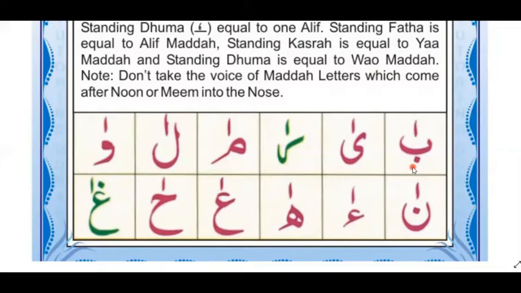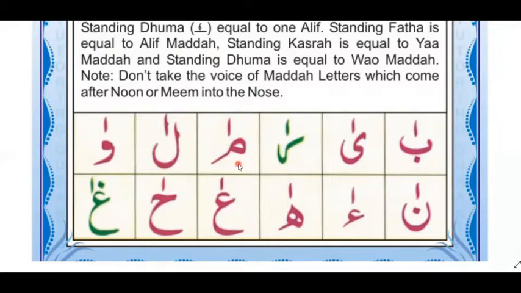So here we will read this as ba standing fatha, ba. We prolong that sound. To the next one, ya standing fatha, ya. Next box will be ra standing fatha, ra.